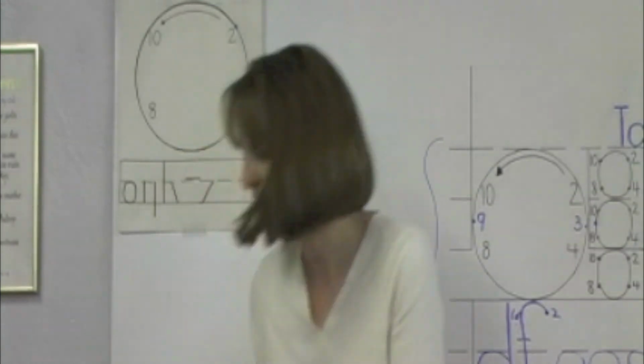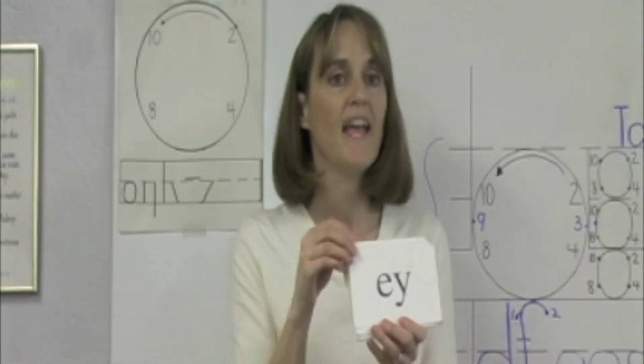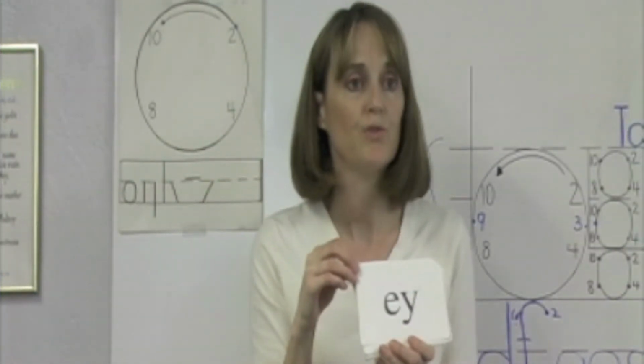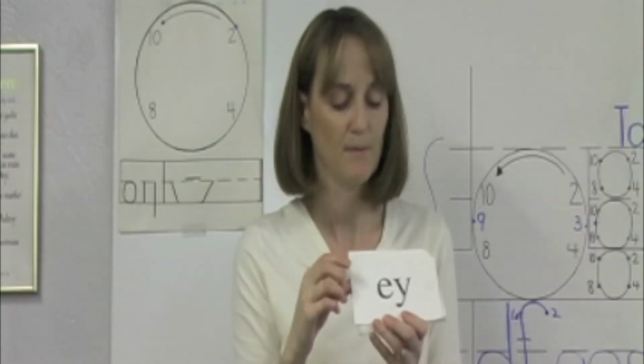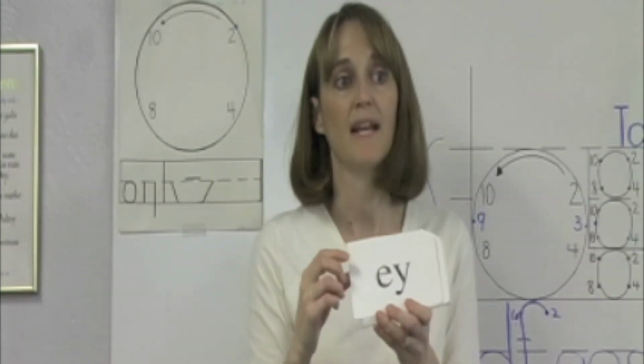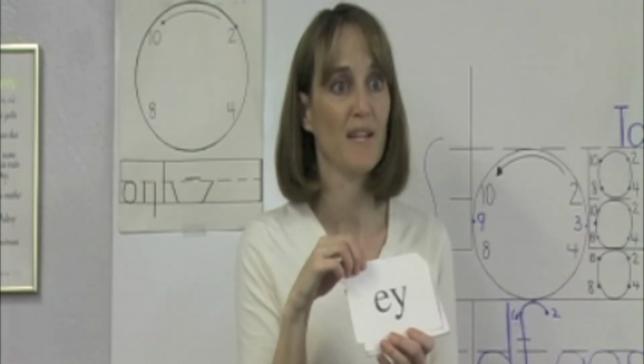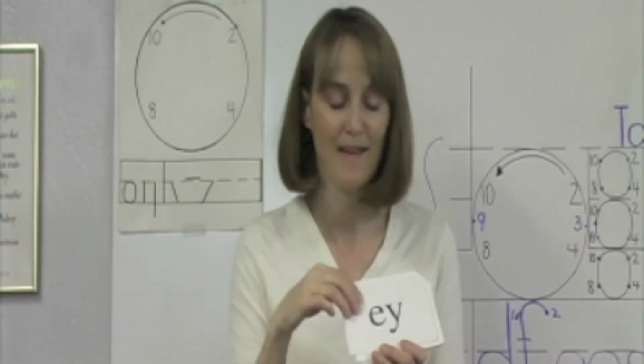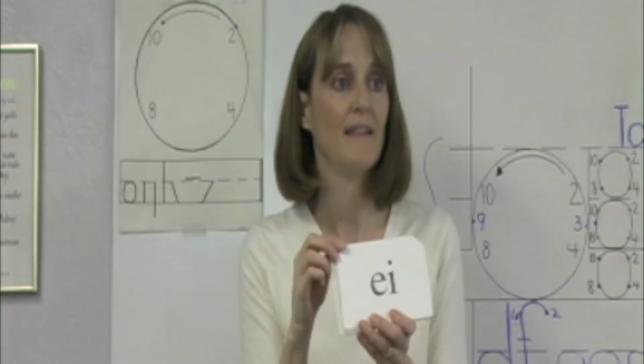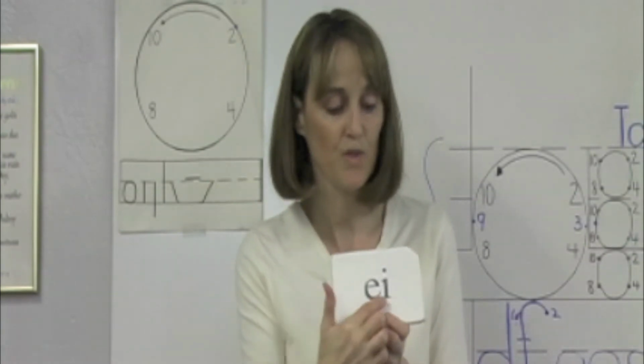In our last batch, another partner, A, E, that we do use at the end of English words. And I help them a little bit with this by saying invisible A, E, that we do use at the end of English words, because they can hear A, but they don't see the A. And then we have A, E, that we do not use at the end of English words. Why not?